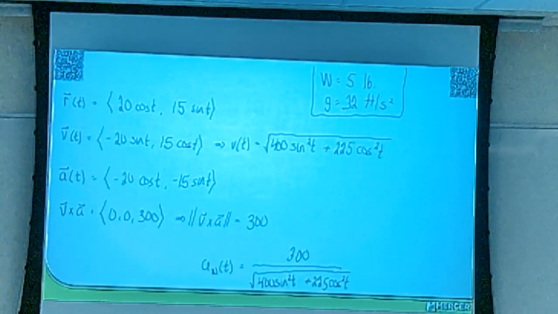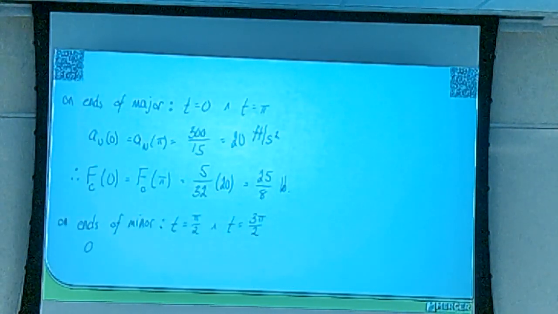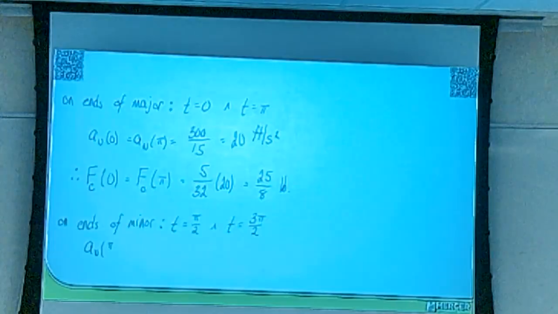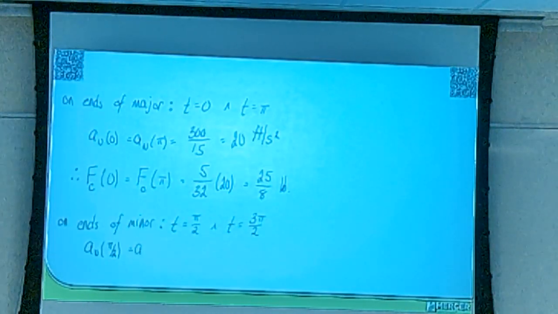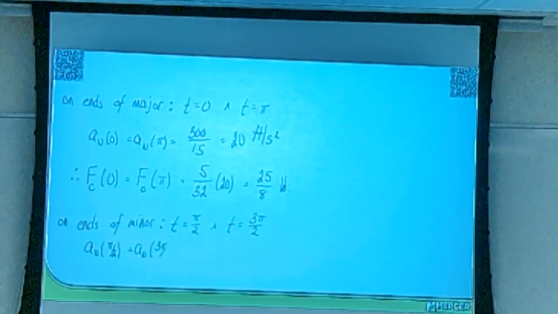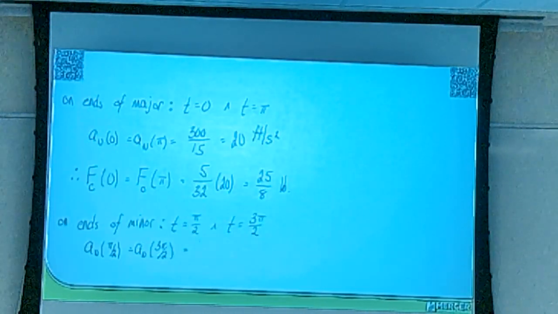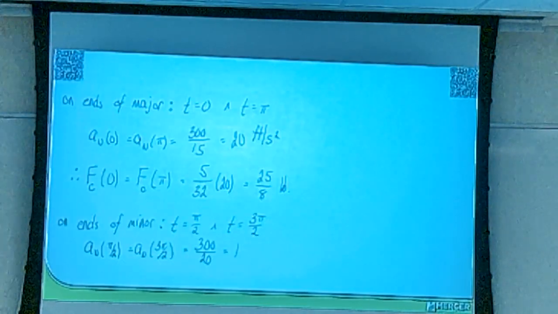So normal acceleration, isn't that just 300 over 20 at both endpoints? Which is what?